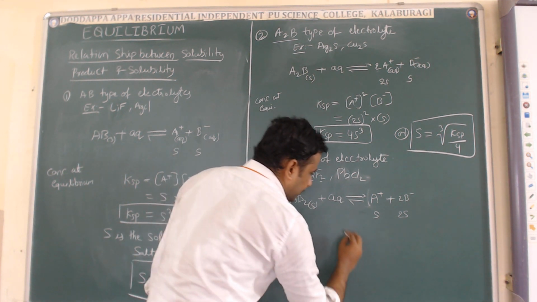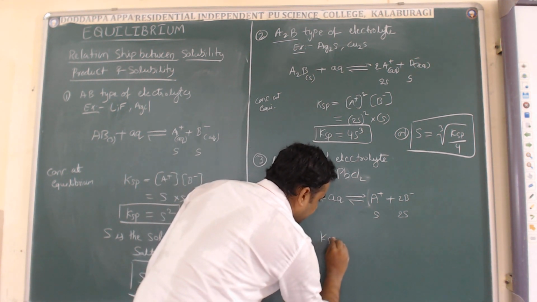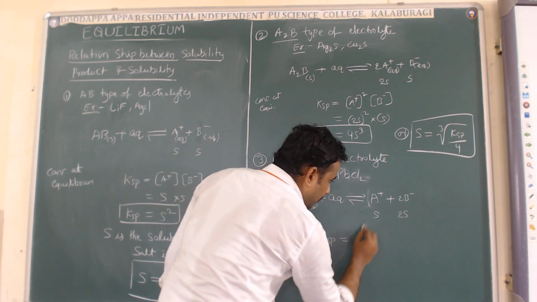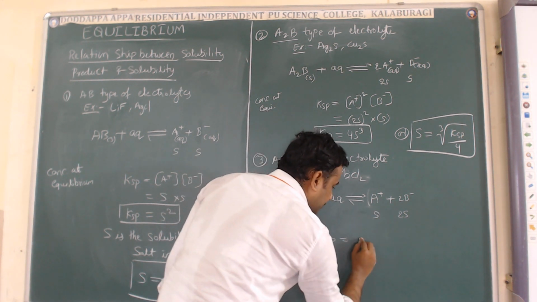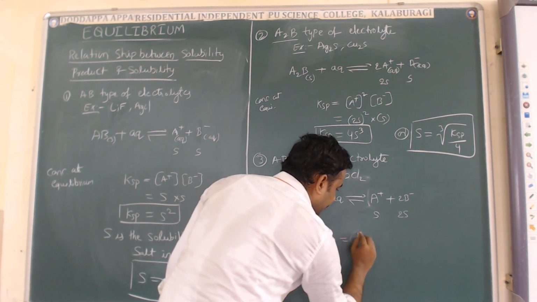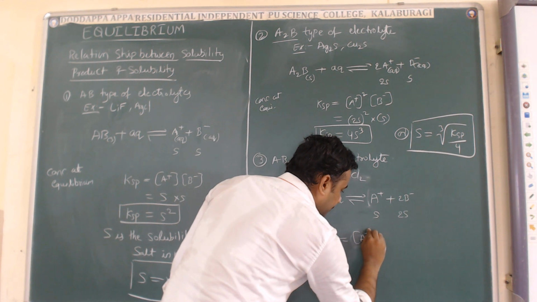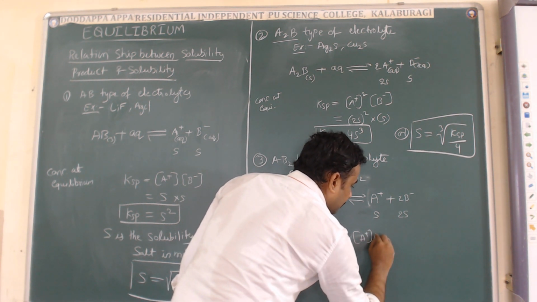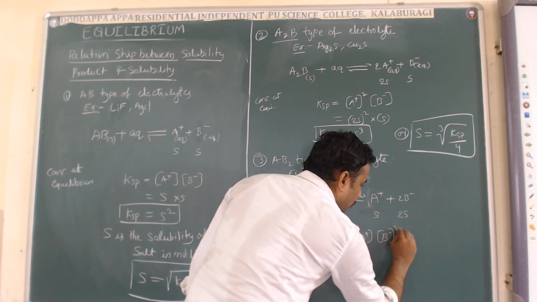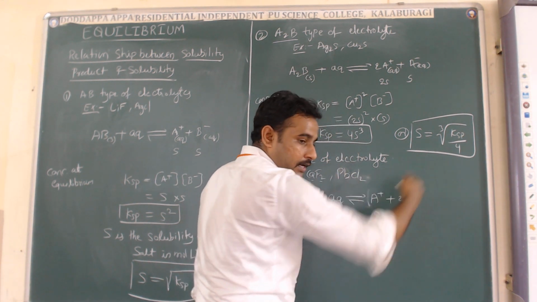What happens at concentration at equilibrium? KSP, the solubility product, is equal to what? First you write the reaction: A plus into B minus square. The coefficient should be raised to the power.